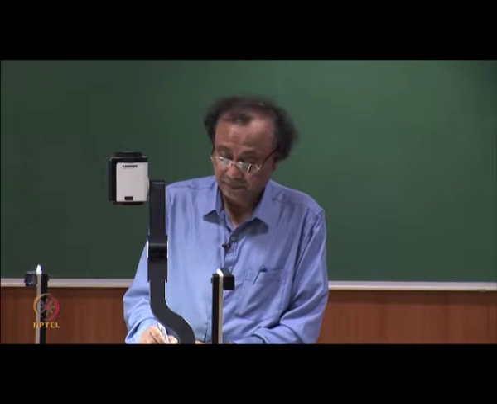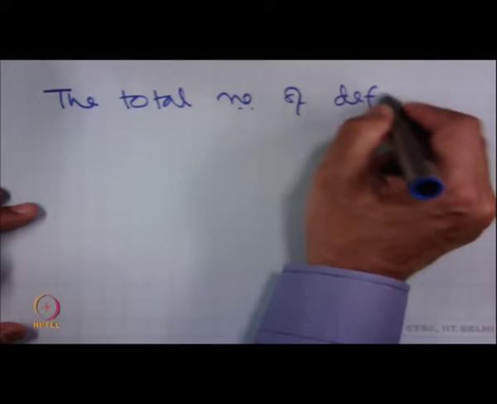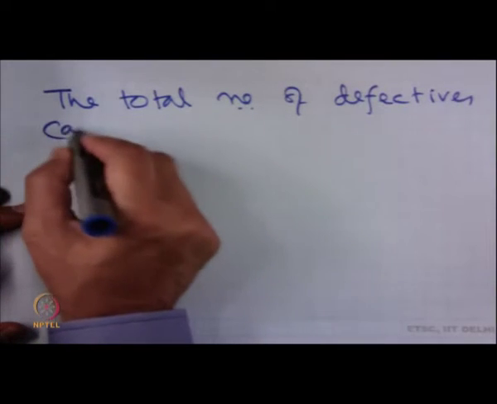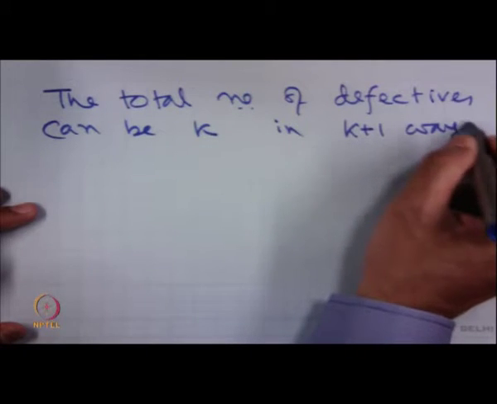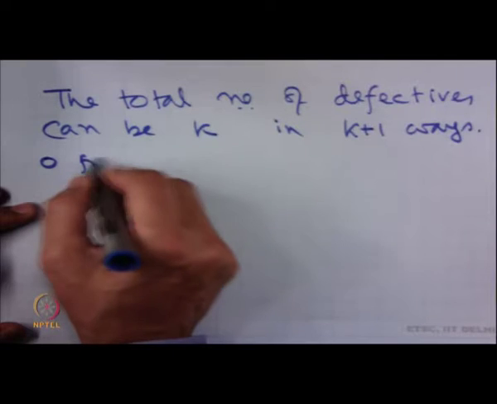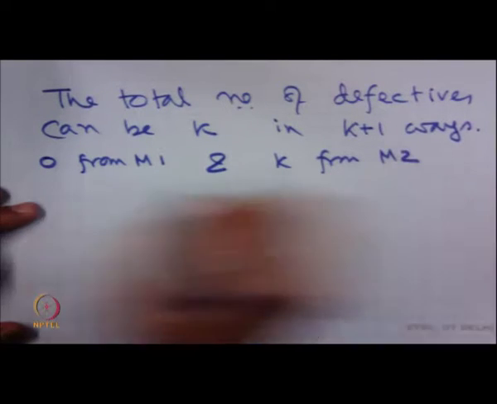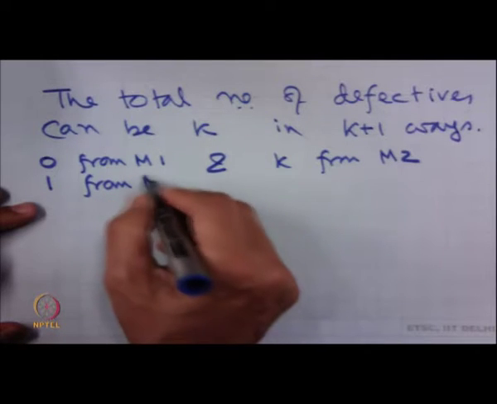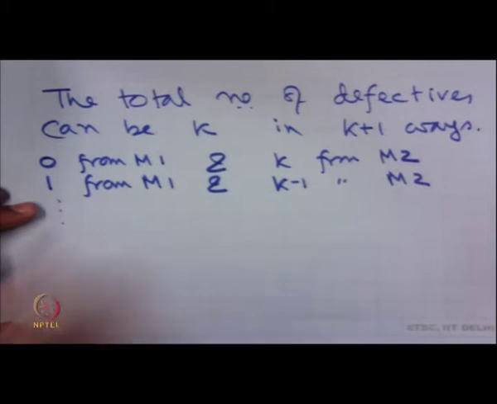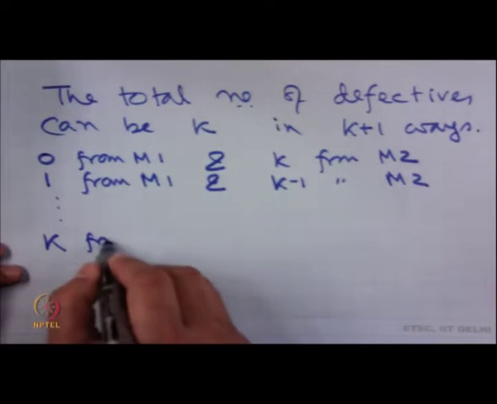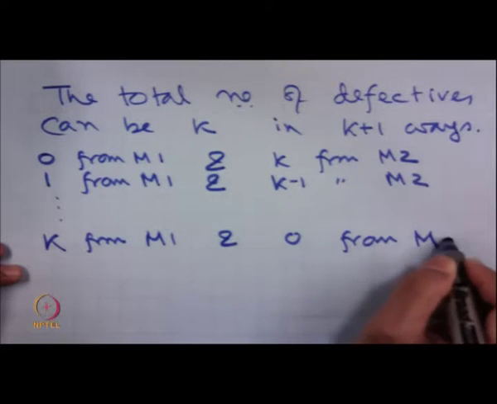Let us note that the total number of defectives k can arise in k plus 1 ways: 0 from M1 and k from M2, 1 from M1 and k minus 1 from M2, up to k from M1 and 0 from M2.